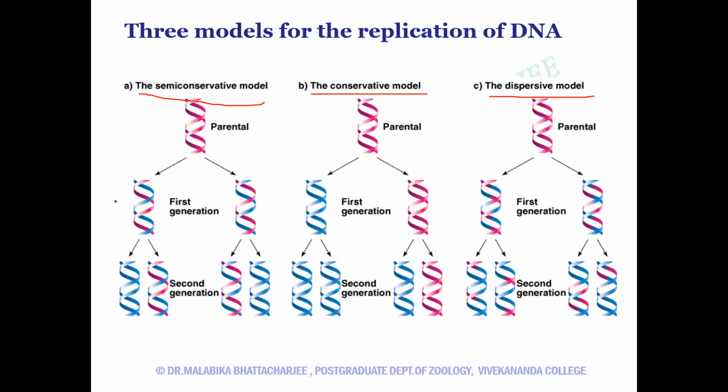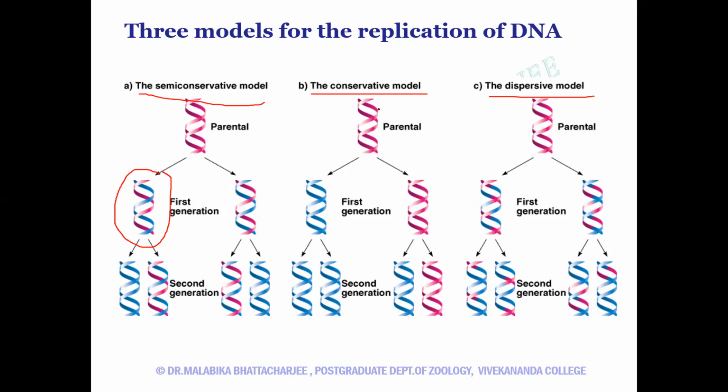So this is semi-conservative because the new daughter molecule has one strand from its mother, the pink one, and the one it synthesized from itself based on the information of the template and the raw materials provided.